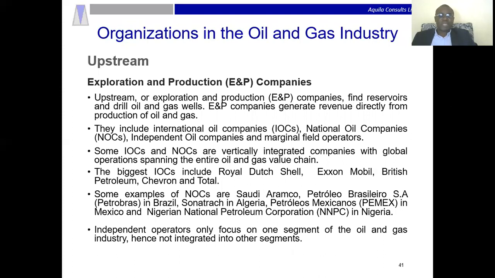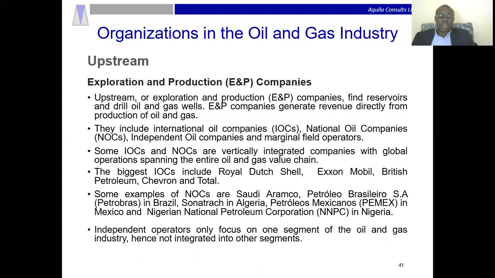Now, international oil companies are generally multinational in nature, and many of them are not just upstream companies, but they are called integrated oil companies because they operate in all the three segments. That is the upstream, the midstream, and the downstream. So examples of international oil companies are Royal Dutch Shell, ExxonMobil, British Petroleum, Chevron, and Total.